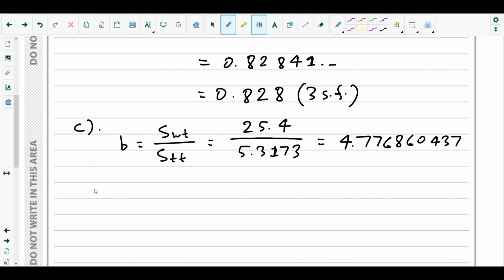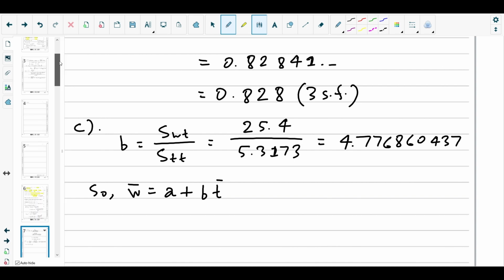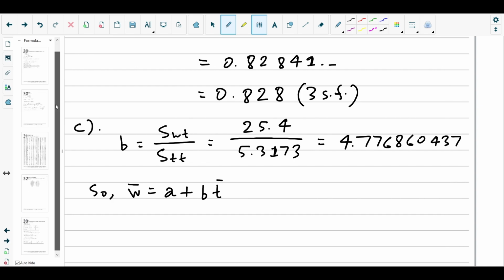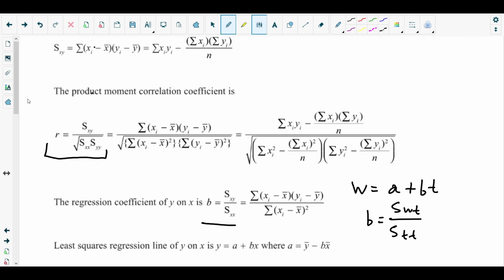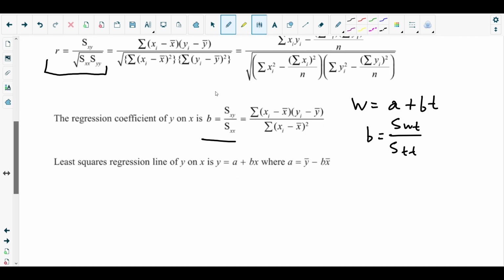Now the value for A. We know that W bar can be written as A plus B times T bar. How did I get this formula? This is also given in the formula booklet: A equals Y bar minus B times X bar.